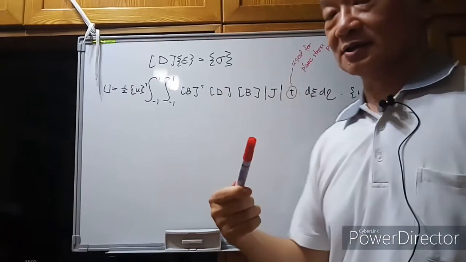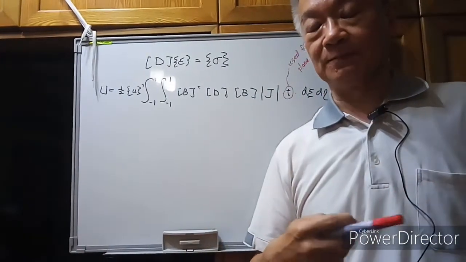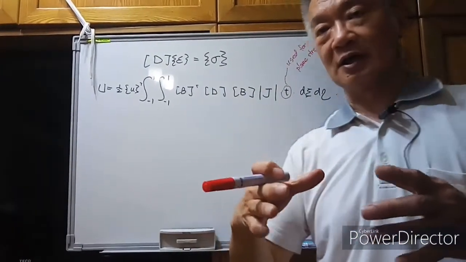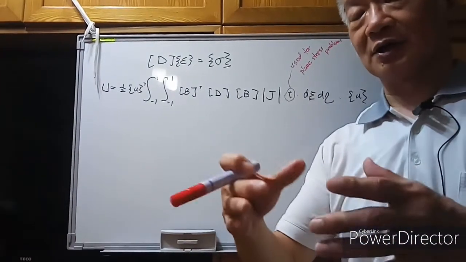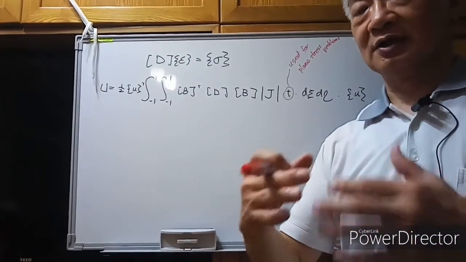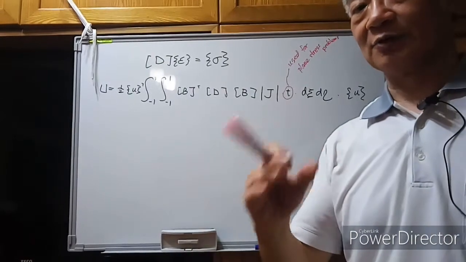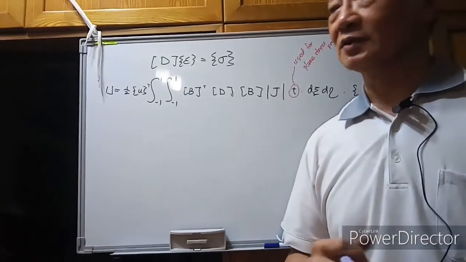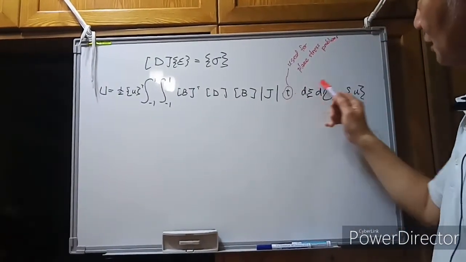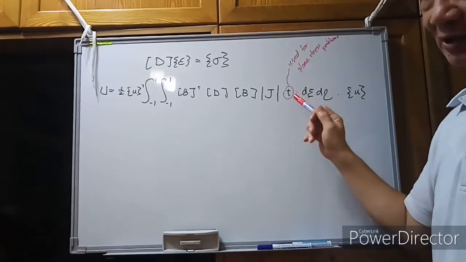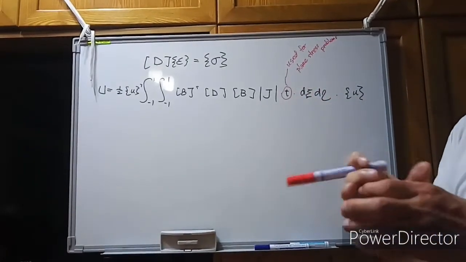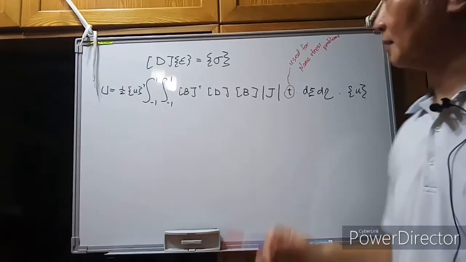It is since the Jacobian is the ratio of the area in the real element divided by the area in the mask element. So the d xi and the d eta, multiplying them together, represents the area in the mask element.